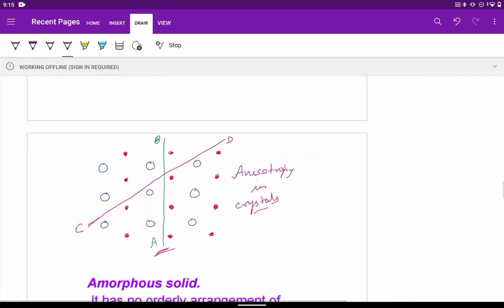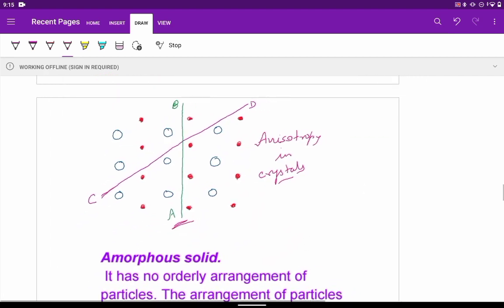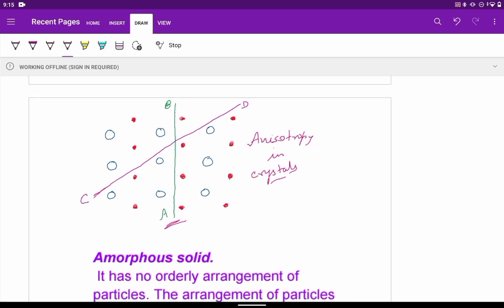There is a perfect ordered arrangement, and it will repeat throughout the crystal. But along different axes, the arrangement of particles is different. Along AB it is different, along CD it is something else. You can see it's very clear. That is why it leads to anisotropy.